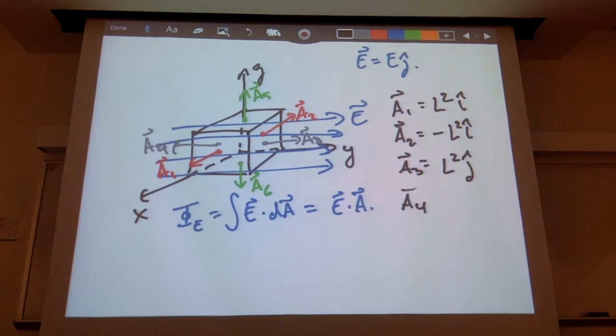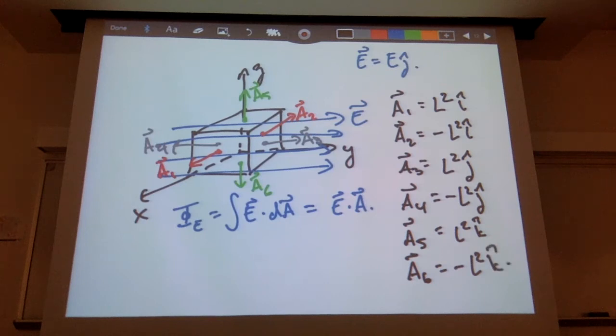Area 4 is going to be negative L squared because it points in the negative j-hat direction. Area 5 then is going to be equal to L squared in the k-hat direction because it points in the z direction. And then area 6 is going to be equal to negative L squared k. So these are all just my area vectors, just classifying each face by an area vector.